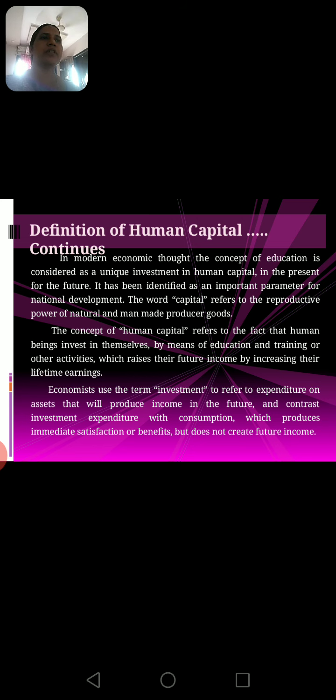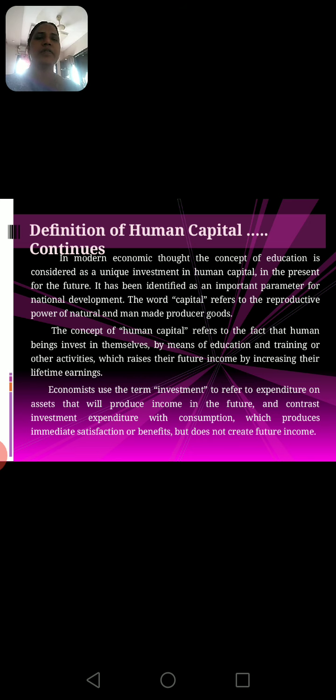Economists use the term investment. It refers to expenditure on assets that will produce income in the future, and contrasts investment expenditure to consumption, which produces immediate satisfaction or benefits but does not create future income.